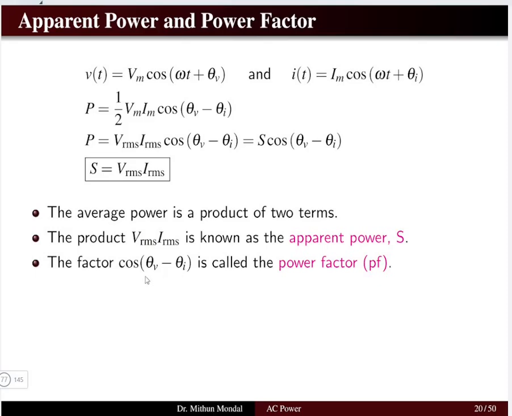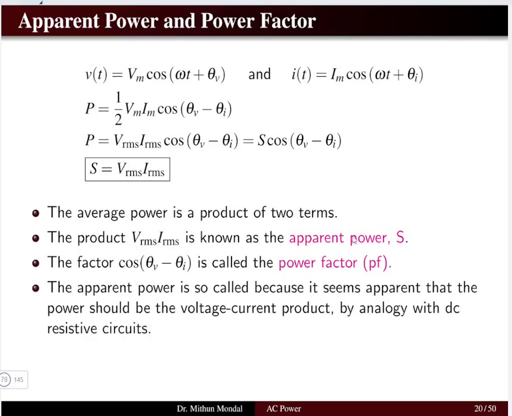The factor cos of theta V minus theta I is known as the power factor. So here you have the cosine of the angle difference between the voltage and the current, and that is known as the power factor. Why has the name apparent power been given? It seems apparent that the power is the product of voltage into current. If you remember, in a DC circuit the power is the product of voltage into current.